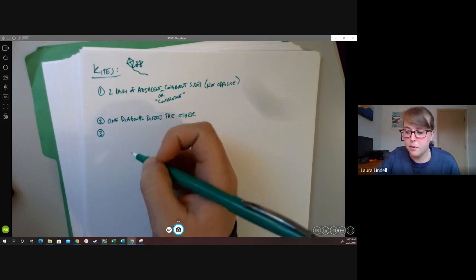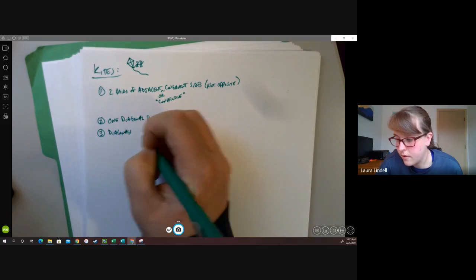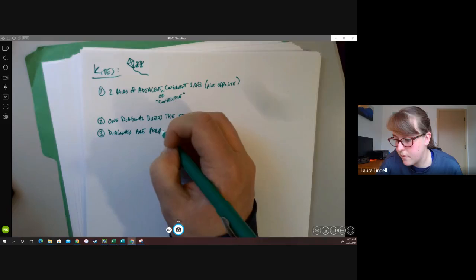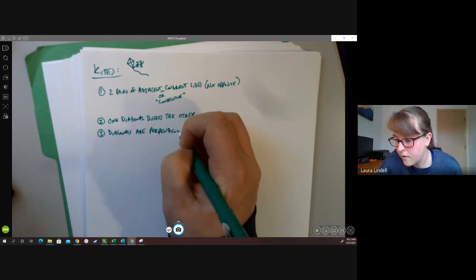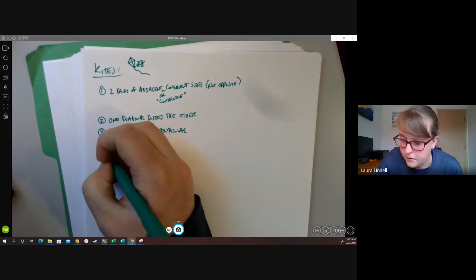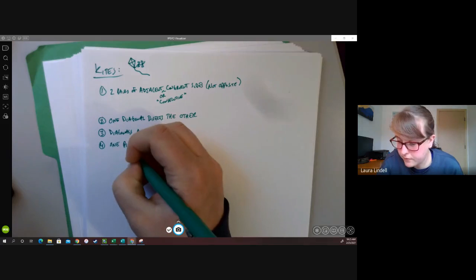The diagonals are perpendicular. So they meet at 90. And then we have one pair of congruent opposite angles, but not both pairs.